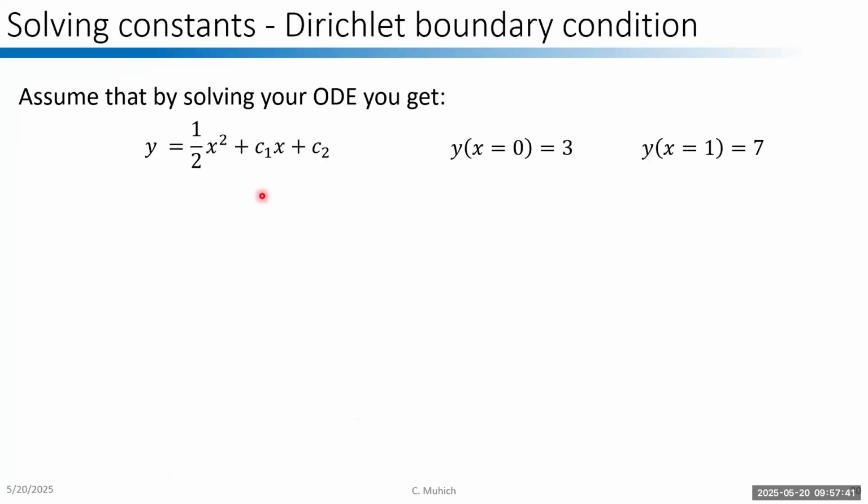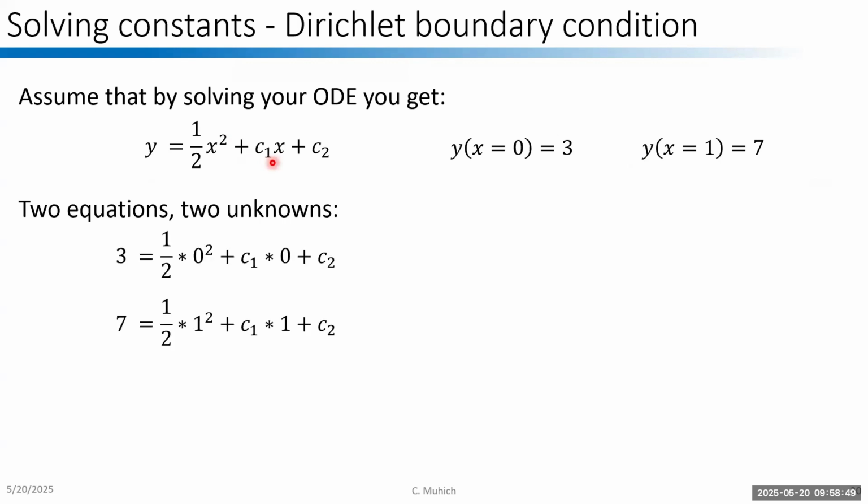Let's see this in practice. Let's assume that after I've solved my ODE, I'm left with y equals 1/2 x squared plus c1x plus c2. And I'm given the boundary conditions y at x equals 0 equals 3, and y at x equals 1 equals 7. By taking these two pieces of information, I can substitute them into this equation and solve for my unknowns.